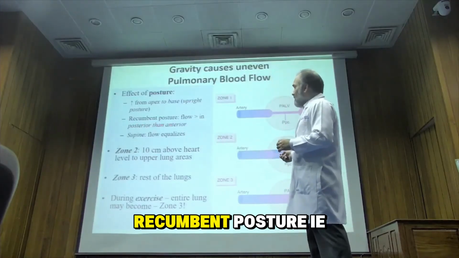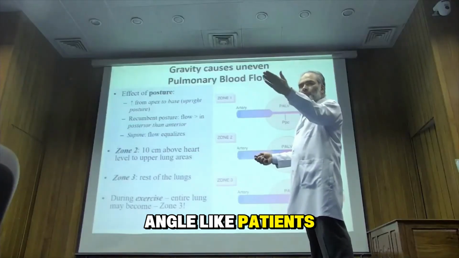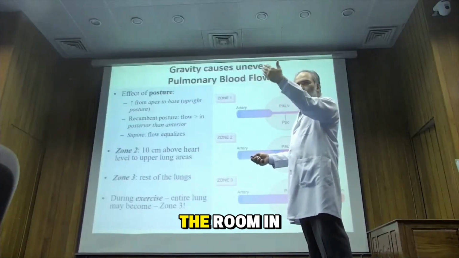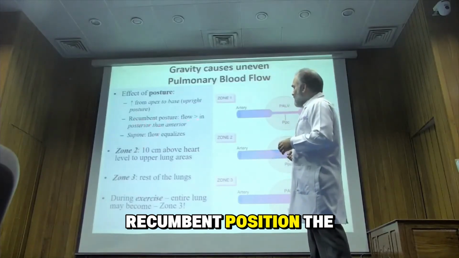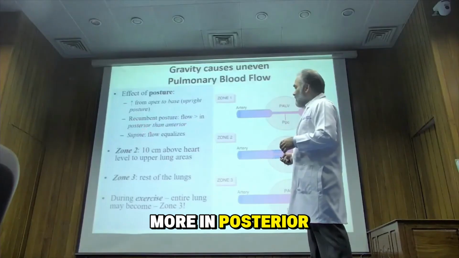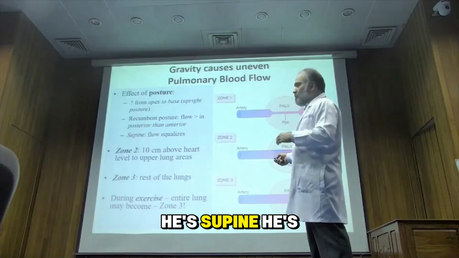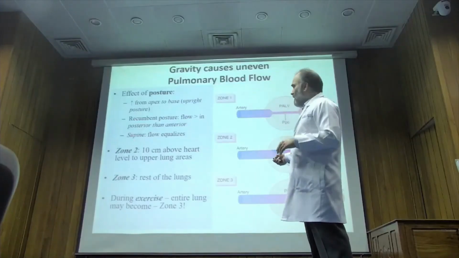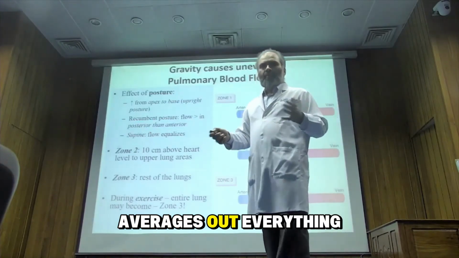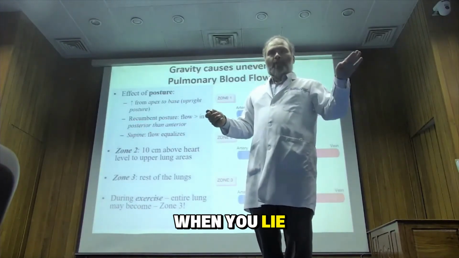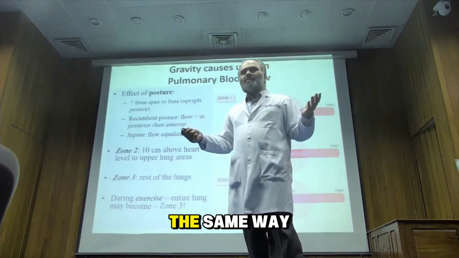So in the recumbent posture, i.e., when a person is lying flat but at an angle, like patients in a hospital room or in a ward, that's called the recumbent position. The flow is more in posterior than anterior, because the guy is like this. Okay. And if he's supine, he's lying flat, then the whole thing equalizes because the effect of gravity averages out. Everything is the same when you lie horizontal. So when the lungs are horizontal to the floor, everything is the same way.